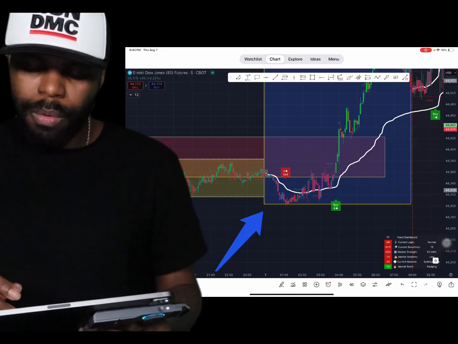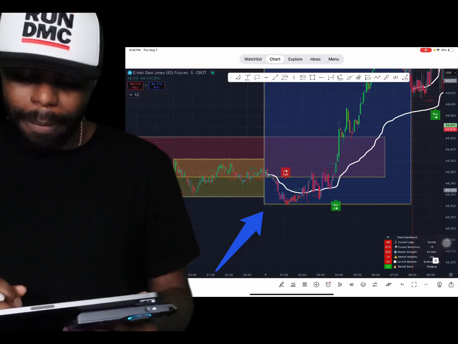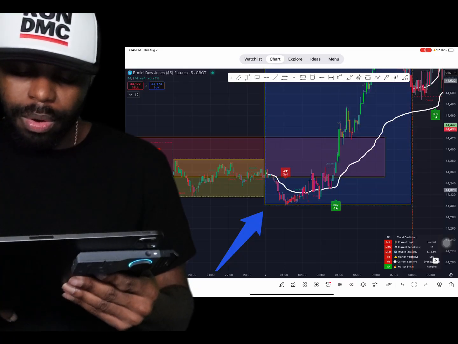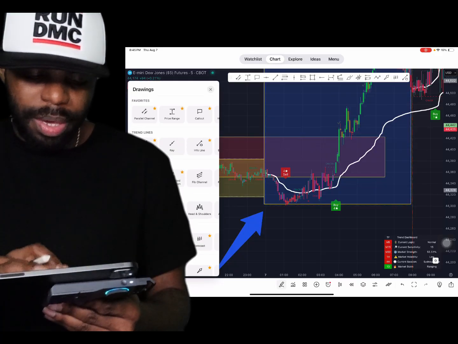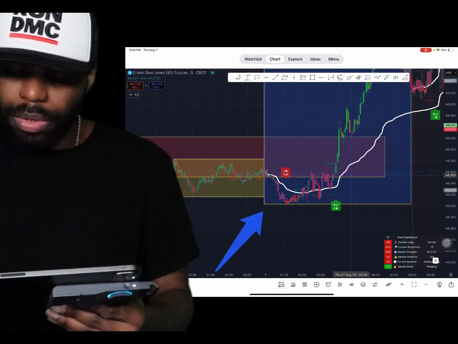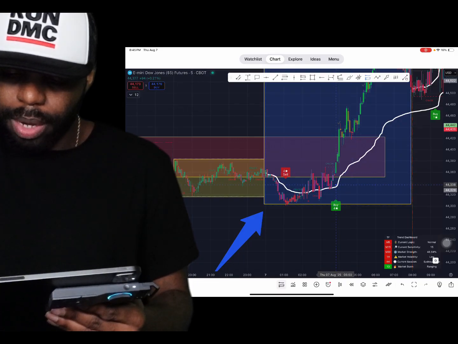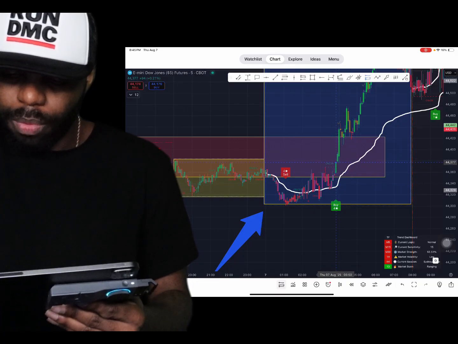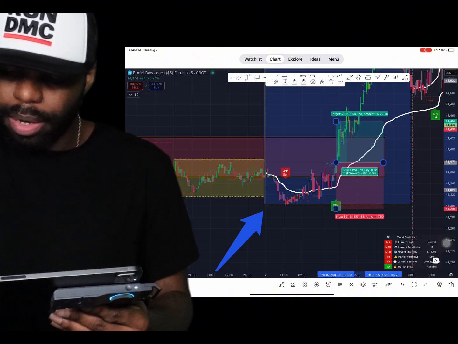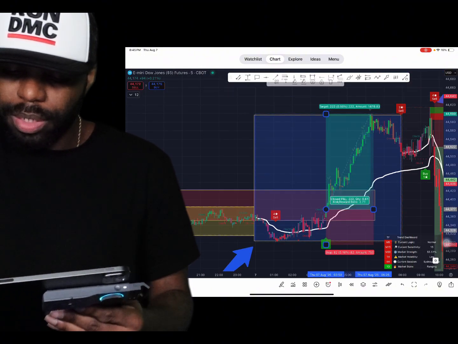We got a buy 4-star signal. Same thing: you could have got in right above there if you want, and put your stop right there, and you could have taken the trade to the upside.